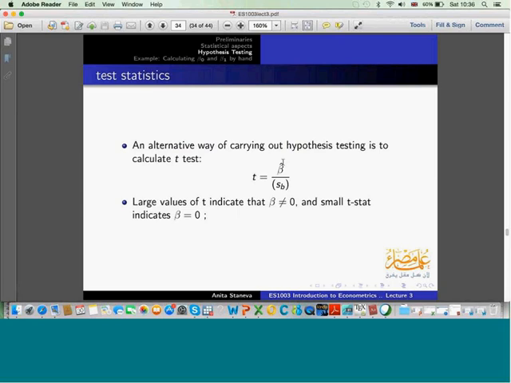So the question arises as to what we really mean by a large and a small t-statistic here. In a formal statistical sense, the t-statistic is large or small relative to the critical value taken from the statistical tables of the Student t distribution.